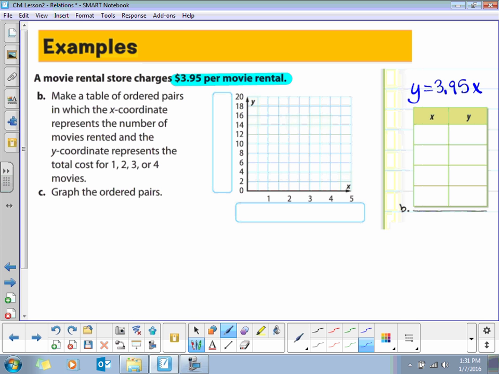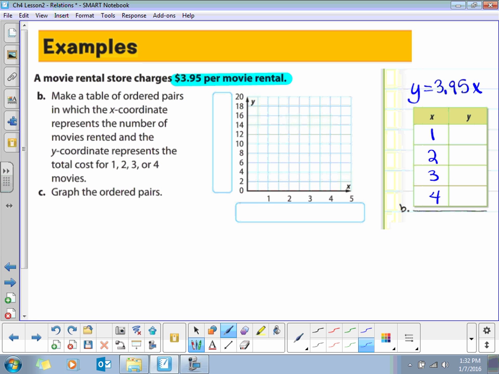Okay? So, when we make our table, what are my input values going to be? 1, 2, 3, and 4. Very good. So that goes here. 1, 2, 3, and 4. And how do I get my output values? What do you do with this 1? You put it in for what?